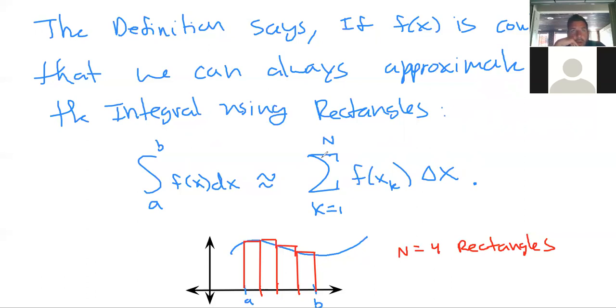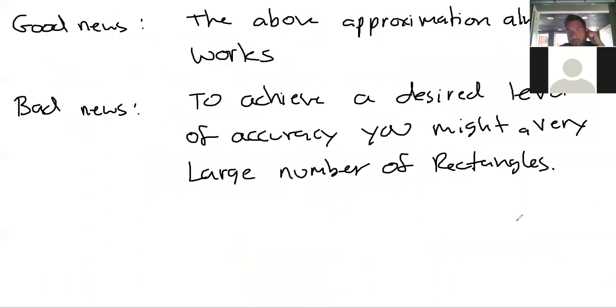However, as mathematicians, we're always looking for more efficient and better ways of doing things. And so what we were trying to motivate on the midterm is that instead of using a rectangle, why not try trapezoids?